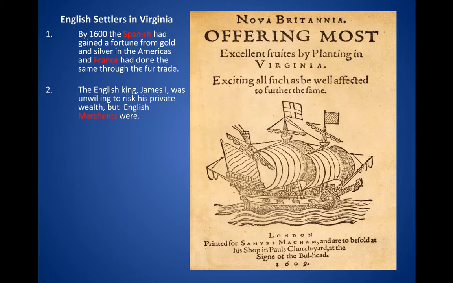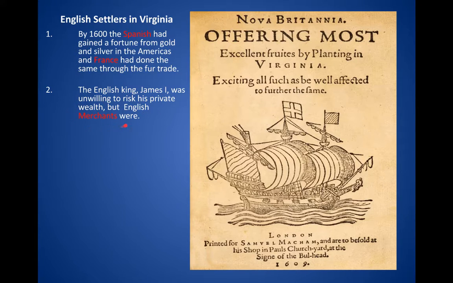So these English merchants saw how well the Spanish and French were doing in the Americas, and they thought to themselves, we've got to get in on this. We need to put some money into this so that we can gain some money off of the Americas as well. So they were willing to put their money into coming over to the Americas and trying to do like the French and Spanish had been doing and make some money.